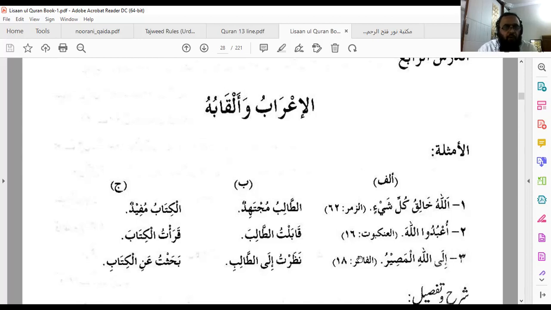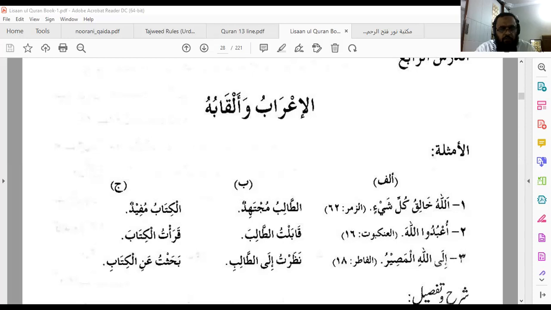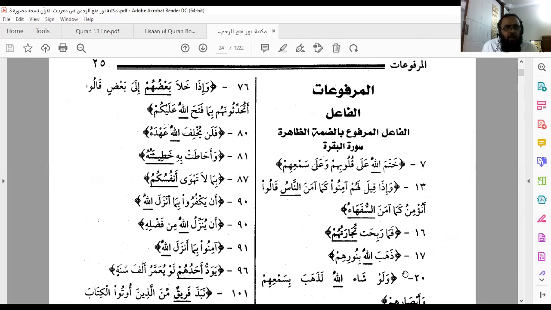Before going to this lesson, I'm going to share with you another book, the Urdu Quran. Now you can see it is written over there, al-marfu'at. You can see the first verse, khatamallahu ala qulubihim.